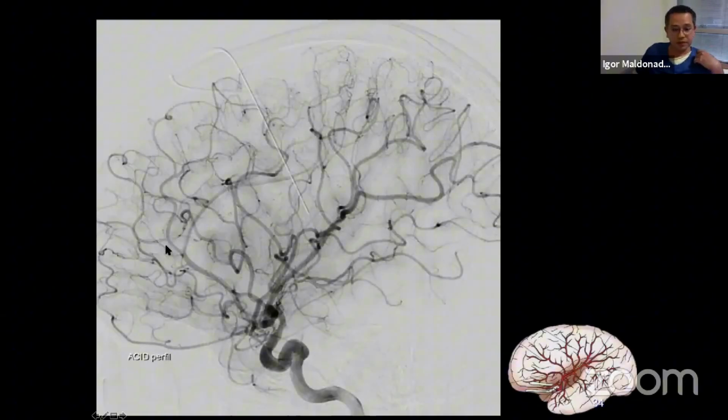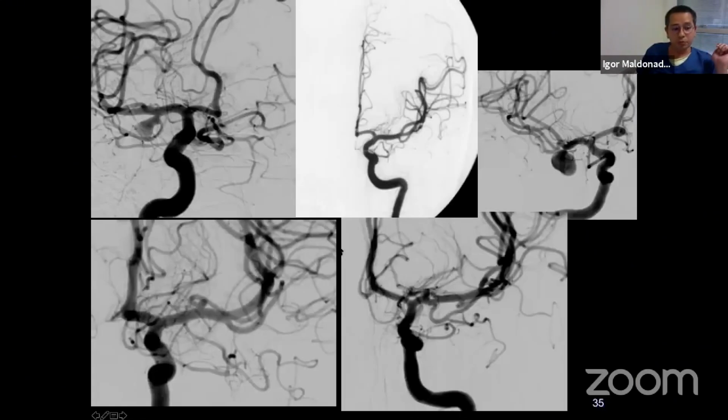So different angiograms, same thing. You see all those changes of direction, and the last change of direction will correspond to the posterior point of the sylvian fissure. Some variants.